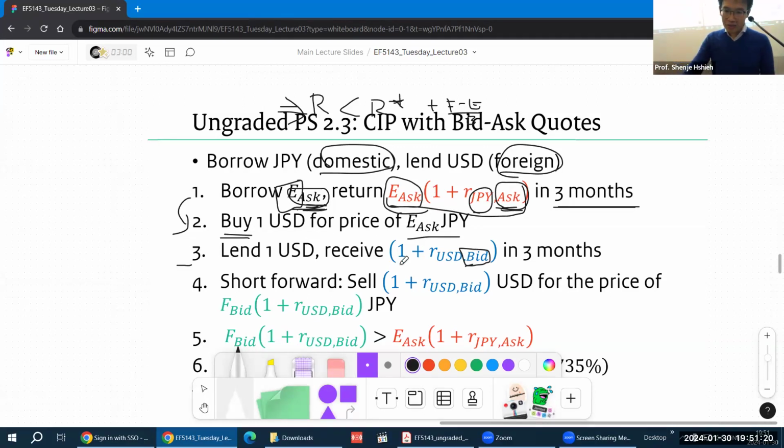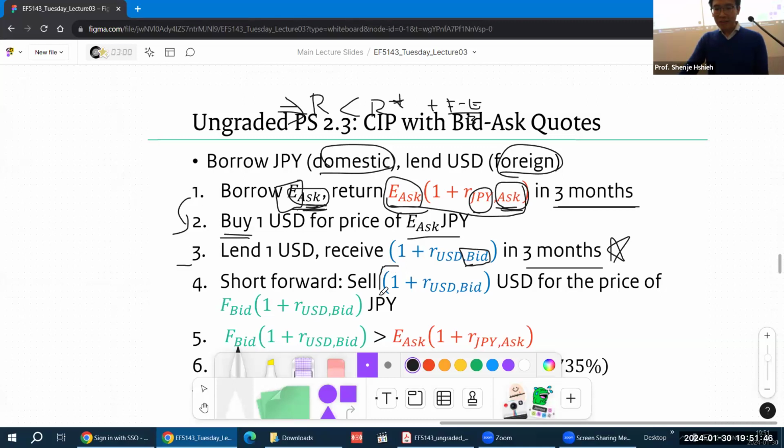We have an asset return of 1 plus R USD bid in 3 months, but we are exposed to a risky USD return, right? USD is foreign because JPY is domestic here.